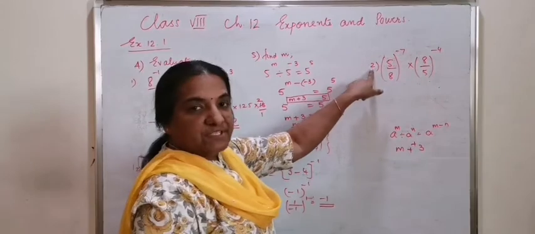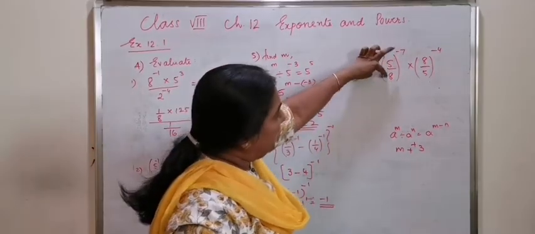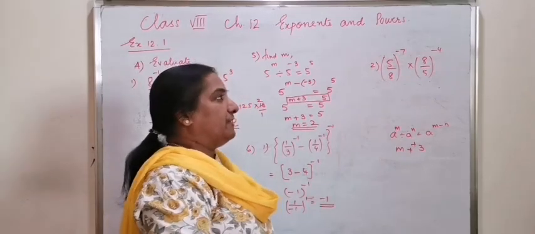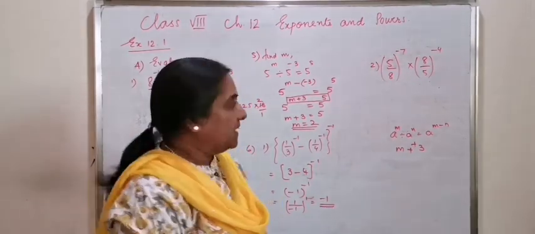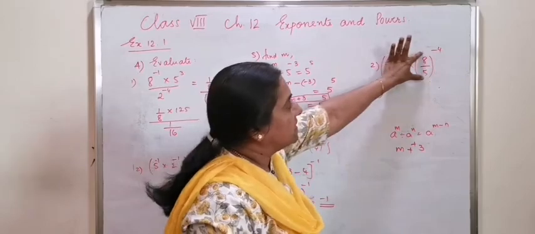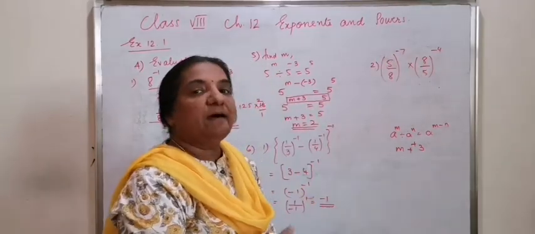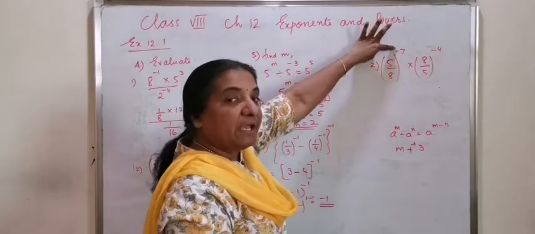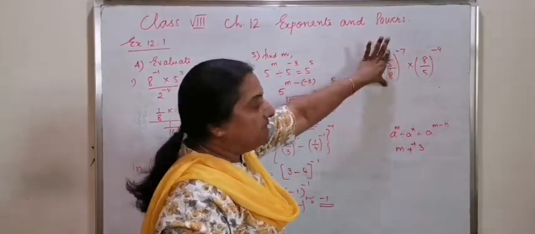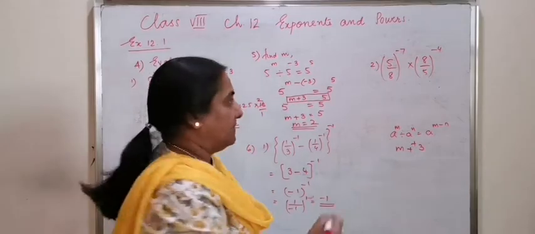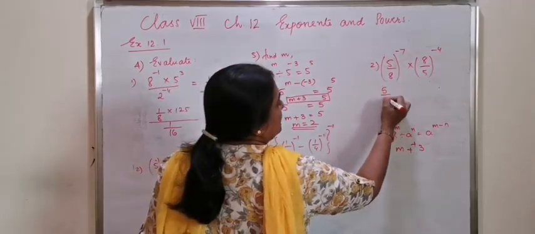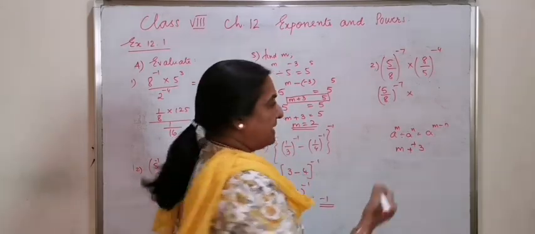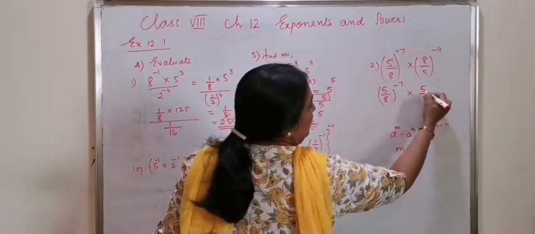Question number 6, subdivision 2. 5 by 8 to the power of minus 7 into 8 by 5 to the power of minus 4. Here you can see the bases are not same, but they are reciprocals. So once you change the power of any one of these numbers, the base can be same. 5 by 8 to the power of minus 7 into, instead of 8 by 5, the reciprocal is 5 by 8.